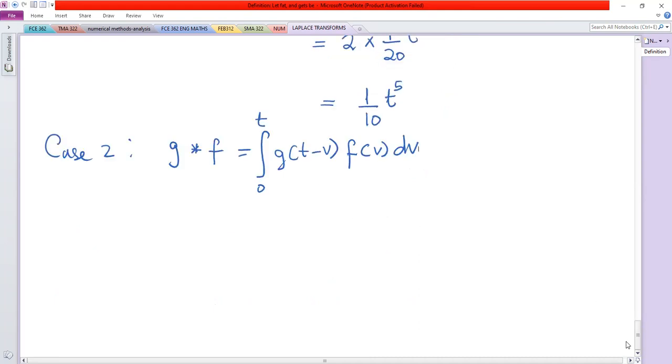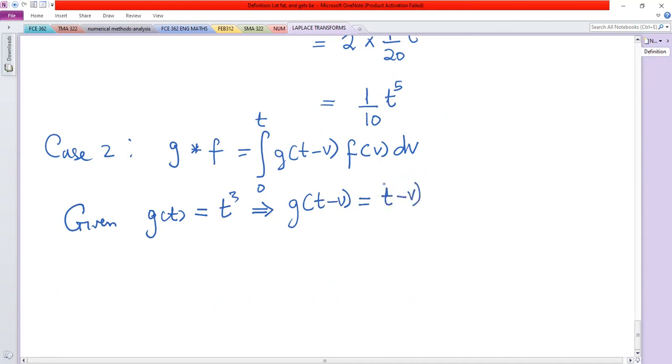Now we have been given that g of t is t power 3, which implies g of t minus v will be t minus v raised to power 3. When you work it out, you get t power 3 minus 3t squared v, plus 3t v squared, minus v power 3.